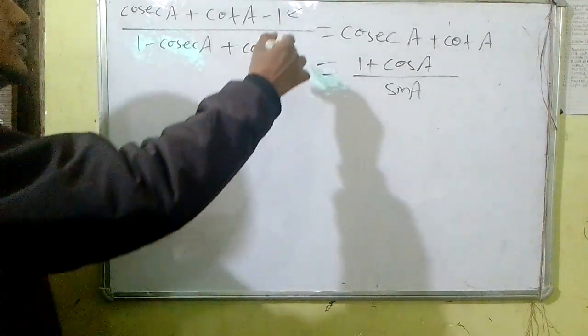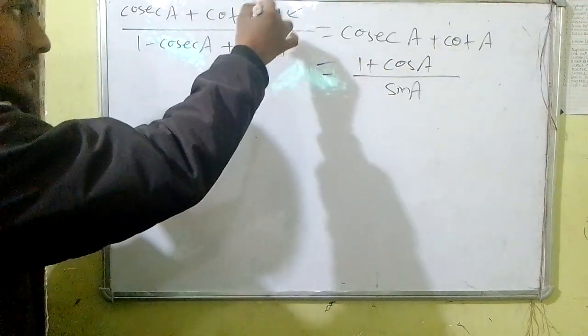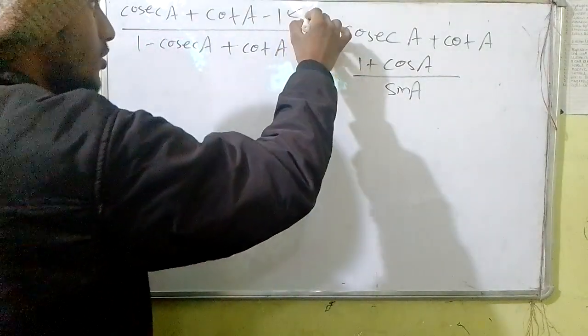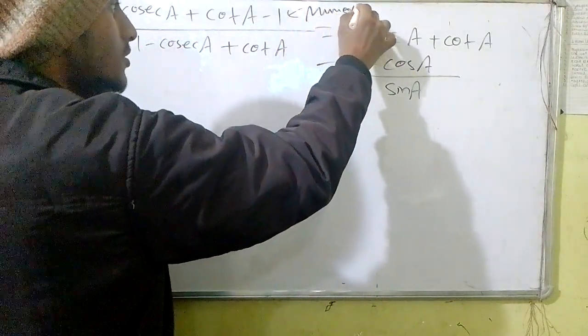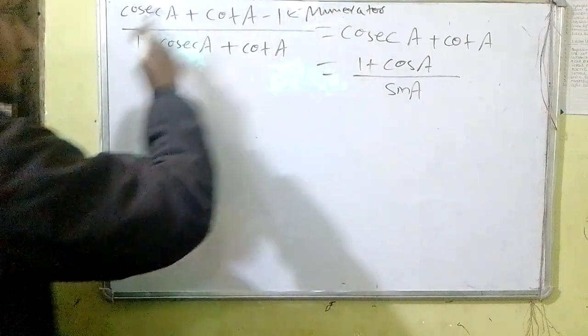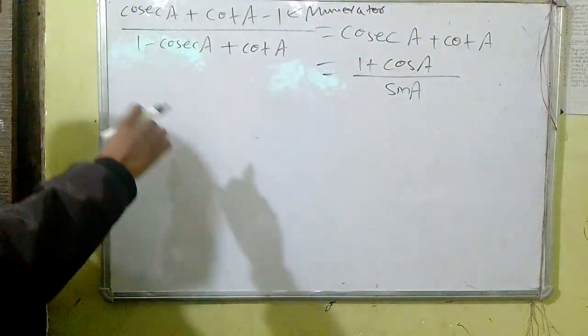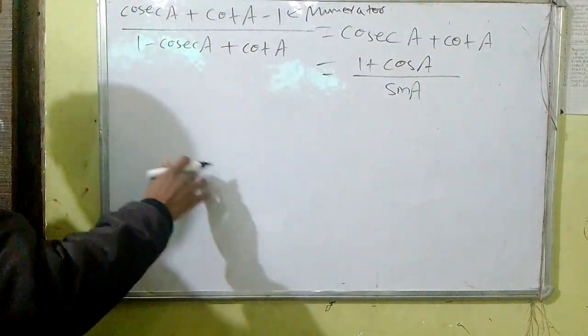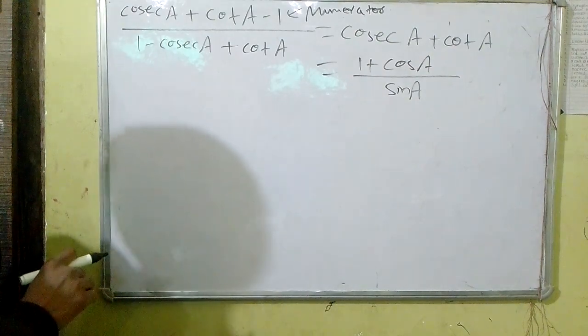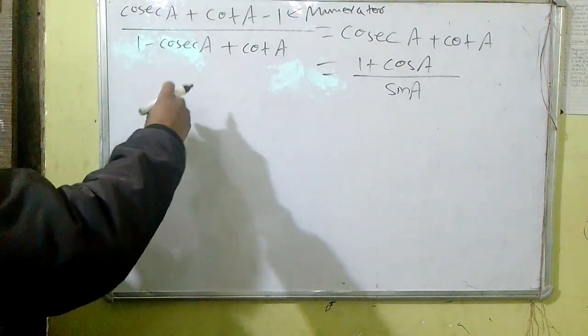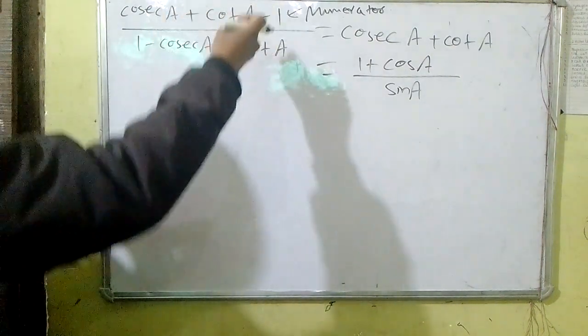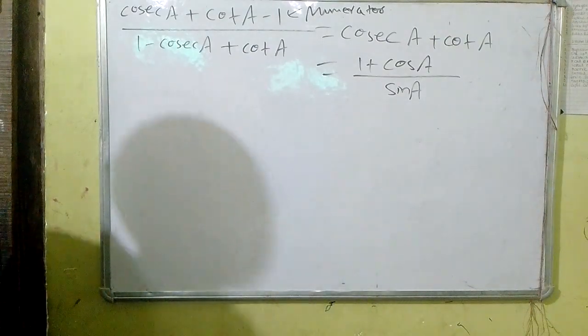You have to replace only the numerator by the identity for 1. Okay, so only the numerator should change here. Why? Because when you change both of them, then you're gonna see that it doesn't solve. Okay, it doesn't solve in that way, and then you're gonna realize that it could have been better off if you had just replaced the numerator only.